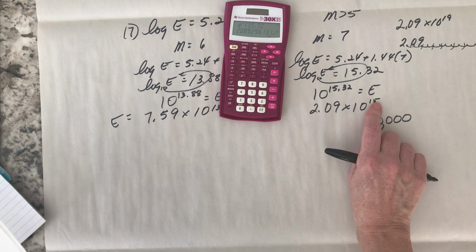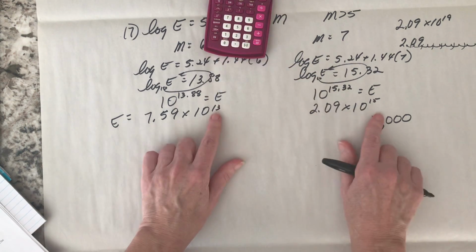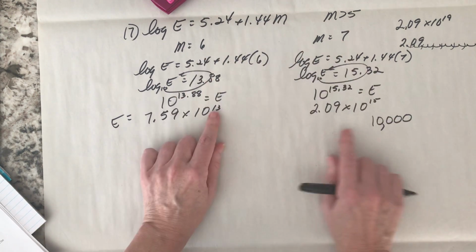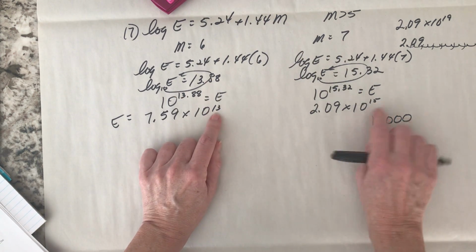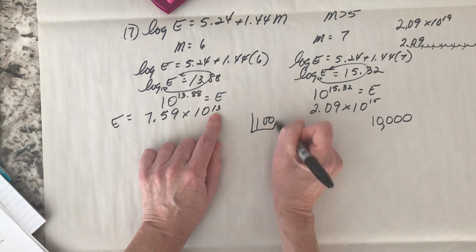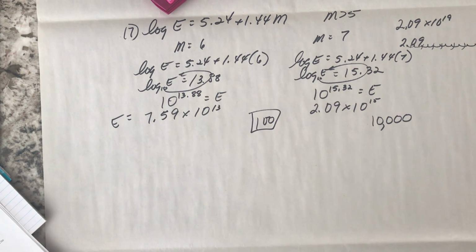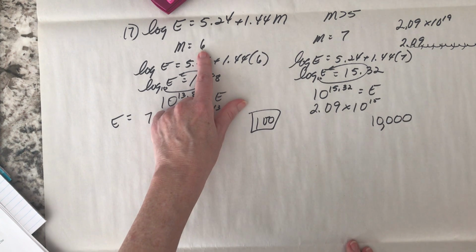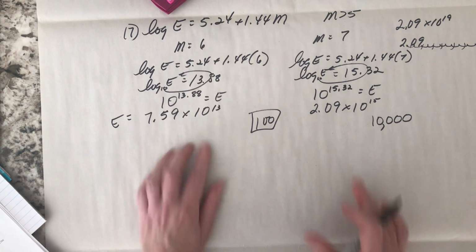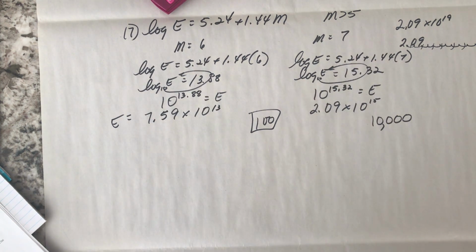So a magnitude 7 earthquake is about the equivalent of a 1 megaton nuclear weapon. So there's a lot of difference between a 6 and a 7: a 10 to the 2nd difference, a 100 times difference in the strength of a magnitude 6 earthquake and a 7. Okay, we're done.